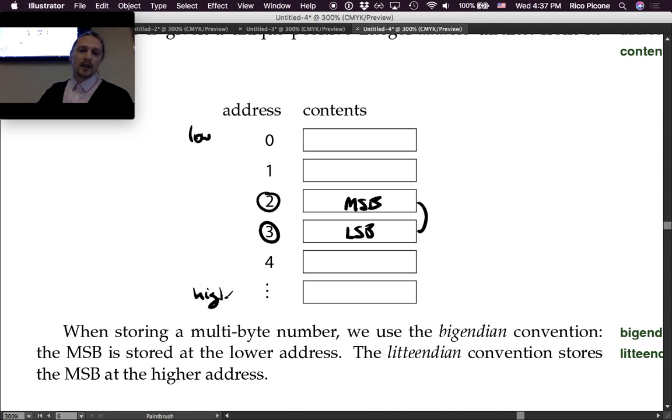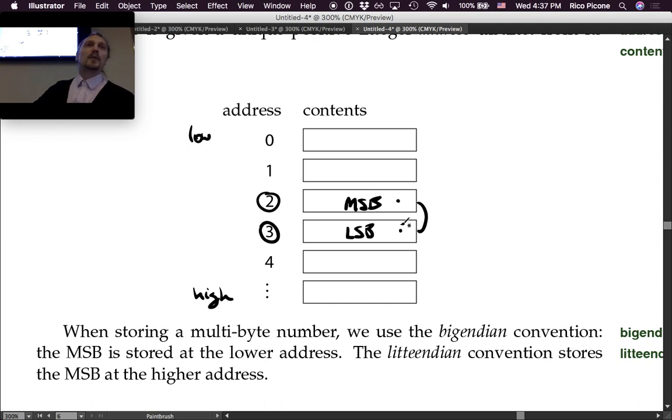And we have to know, if a piece of data is going to cross bytes and be represented in multiple bytes, if this byte comes first or this byte comes first.